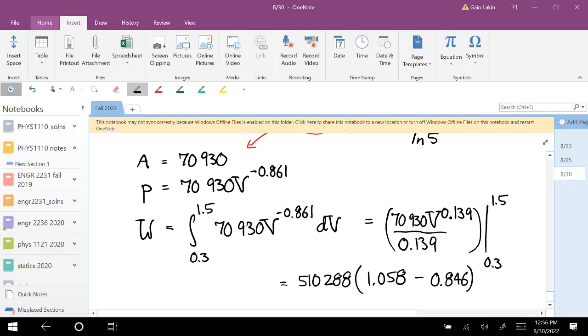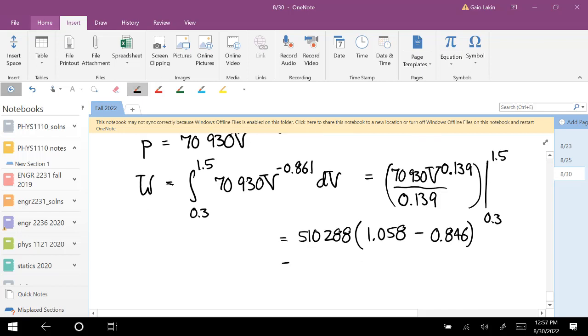Those make sense with what you're getting, Laura? Okay, and then multiply that out. Getting 108,181. Okay. Positive 108,181 joules.